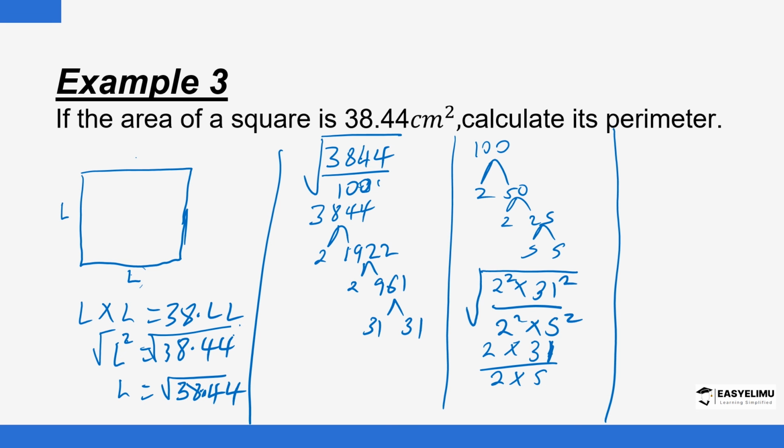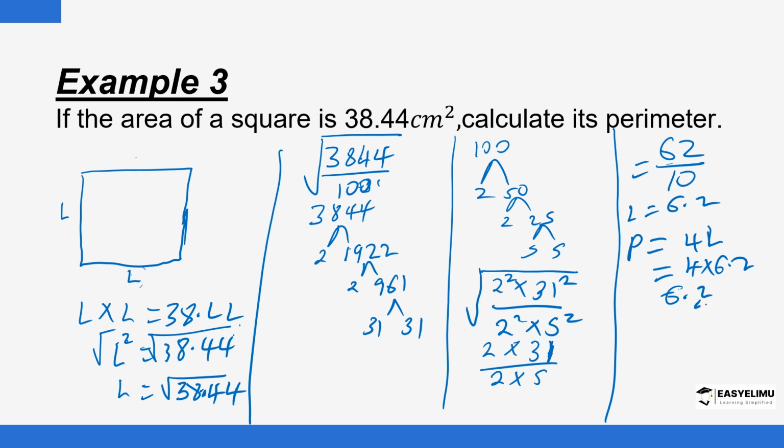So this is 31. So 31 by 2 is 62, and 2 by 5 is 10. So it means the length is going to be 6.2. So now for us to find the perimeter is 4L, 4 times the length, which is 4 by 6.2. So again, as you multiply this, just 6.2 by 4.